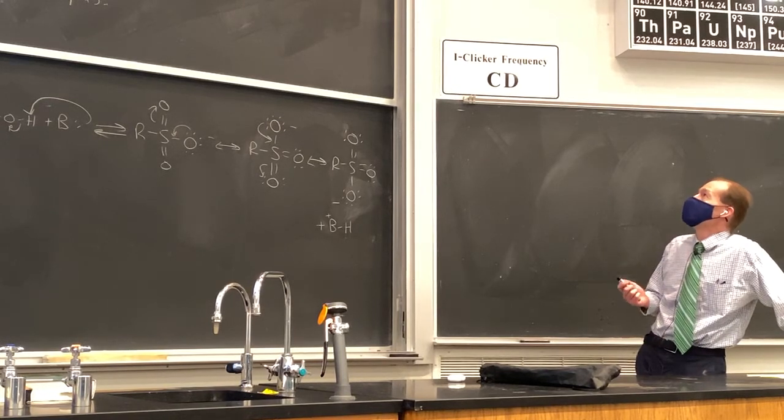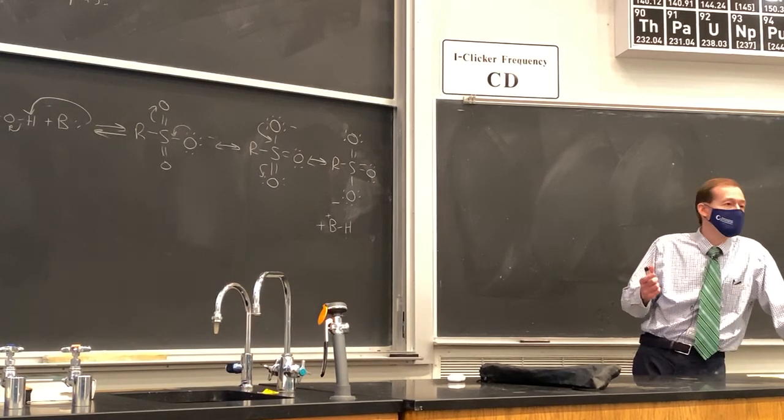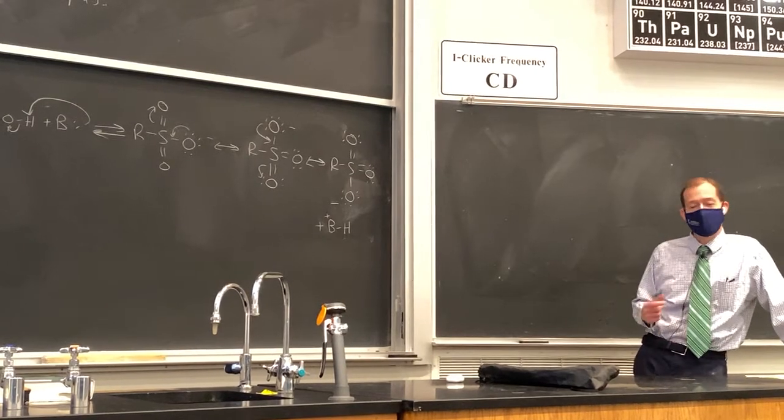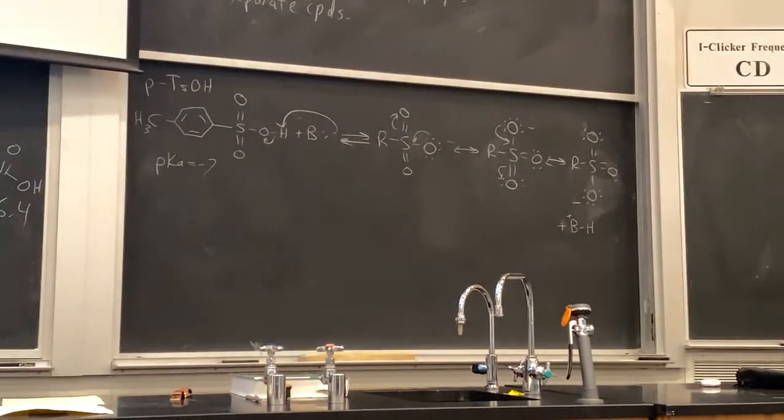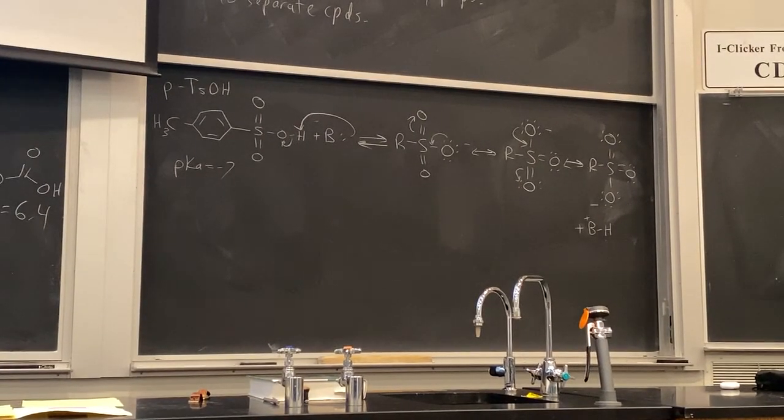Whereas with acetate, we have a -1/2 charge in the hybrid on each of the oxygens. Okay? So we have greater resonance stabilization of the conjugate base of sulfonic acids compared to carboxylic acids. And that's why they are very strong acids.